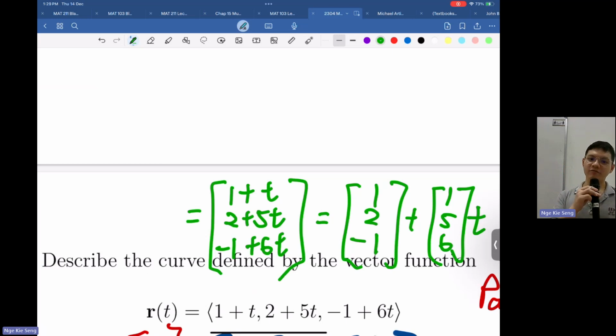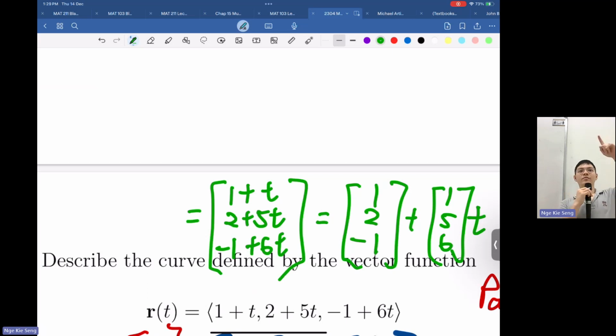A straight line with what direction? Which direction? There are two directions here, actually. 1, 5, 6. Okay, you have the direction of 1, 5, 6. But what does the 1, 2, minus 1 do? When t equals 0, this point is on the line. So this is a line that passes through 1, 2, minus 1 with the direction 1, 5, 6.